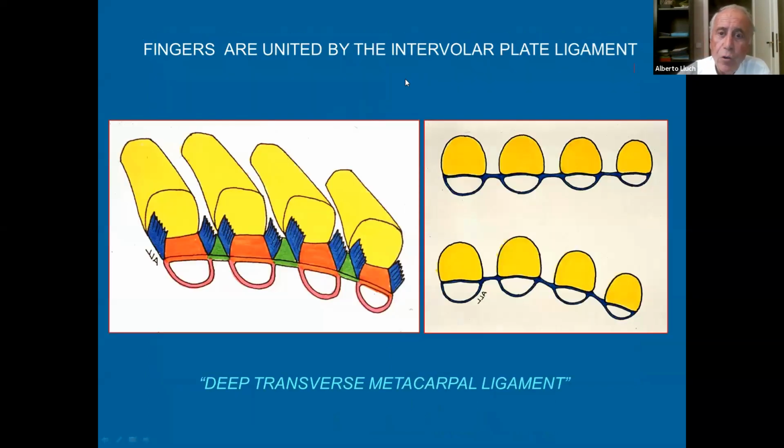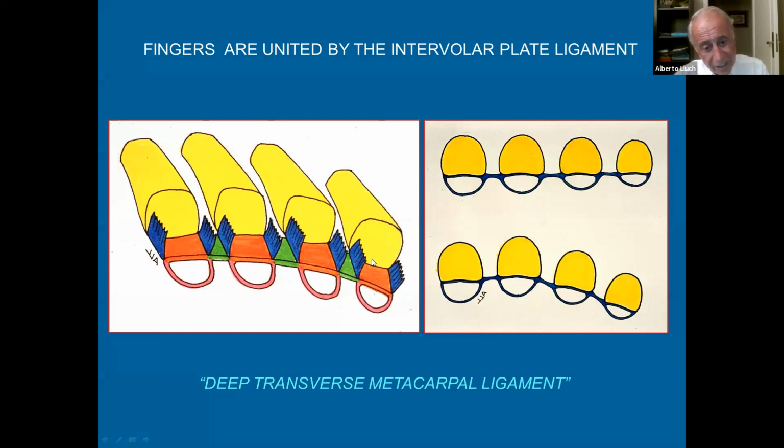The fingers are united by the intervolar plate ligament, what the anatomists call the deep transverse metacarpal ligament, but I think it's a misnomer. This is not right, because this ligament does not insert into the metacarpals. It goes from one volar plate to the other volar plate, as we can see here. So this is the insertion of the sagittal bands in blue.